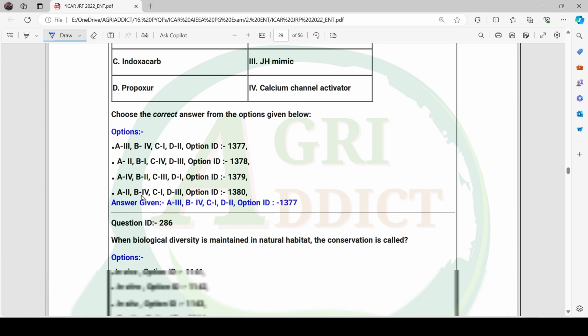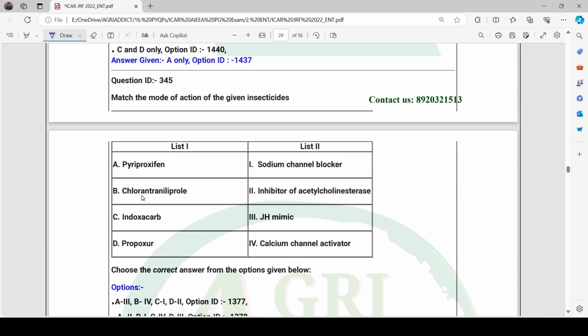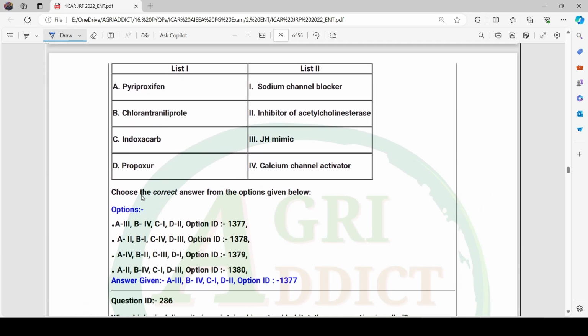The next question is from toxicology. Here the matching is there. First it is pyriproxyfen, an important juvenile hormone mimic. Then chlorantraniliprole is a very important ryanodine receptor calcium channel activator. Flubendiamide is there.